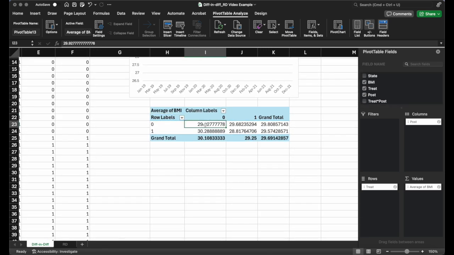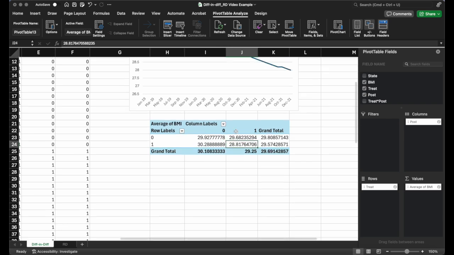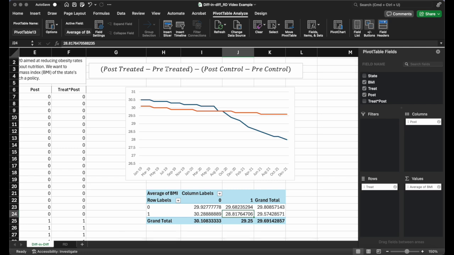This is our control pre, this is our control post, and then this is our treatment pre and our treatment post. So we have these average BMIs for each of these 4 groups now, and all that's left to do is to plug these in and solve.